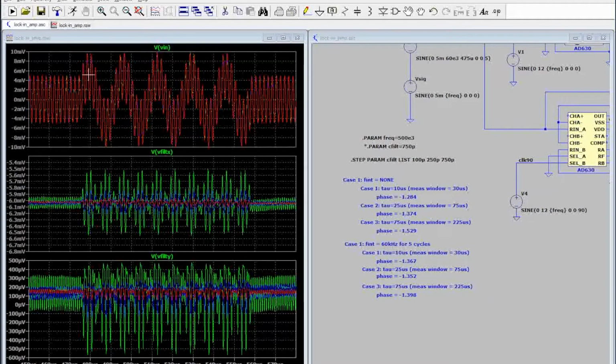So the 60 kilohertz signal does modulate this pretty heavily, and now the results are shown over here for the 5 cycles of interference, and there are 5 of them here over this period of time. And the phase for the shortest time constant was minus 1.367 degrees. For the mid case, for the 250 picofarad or 25 microseconds, I got 1.352, and the last one minus 1.398.